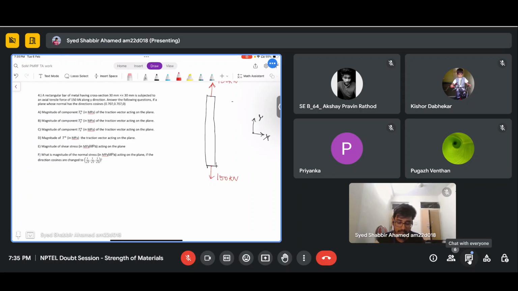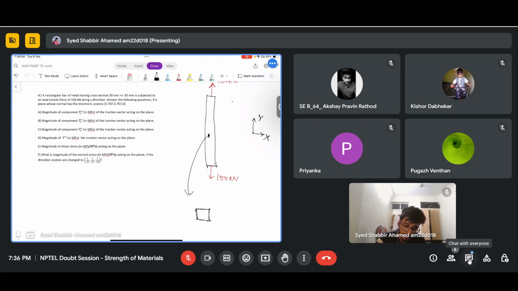So the thing is, because of the tensile load I am applying, let's do one thing. From this bar, the load is the same at every point on the bar. So I'll just take a small point, or if I zoom in like this, let's say I can take a square like this.